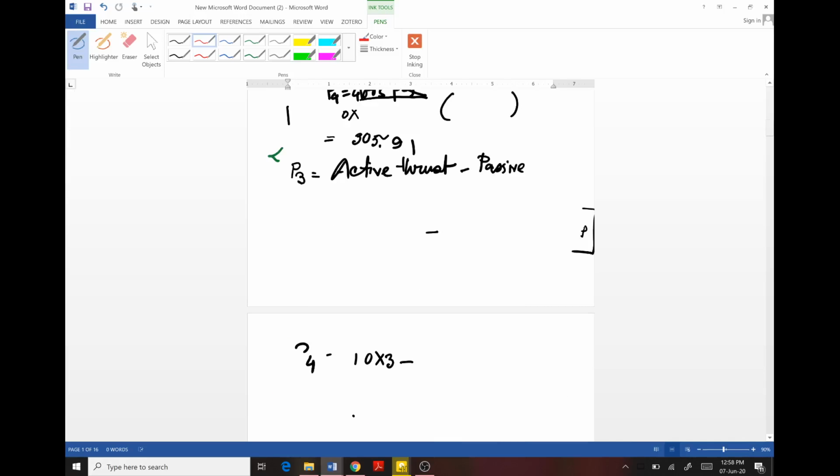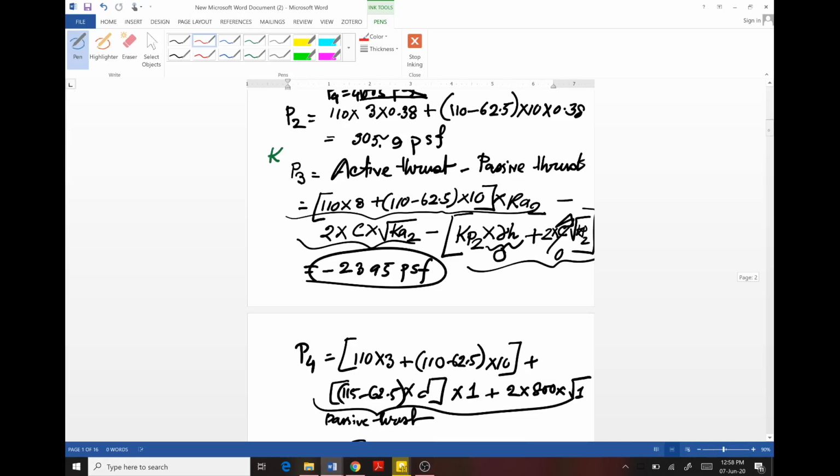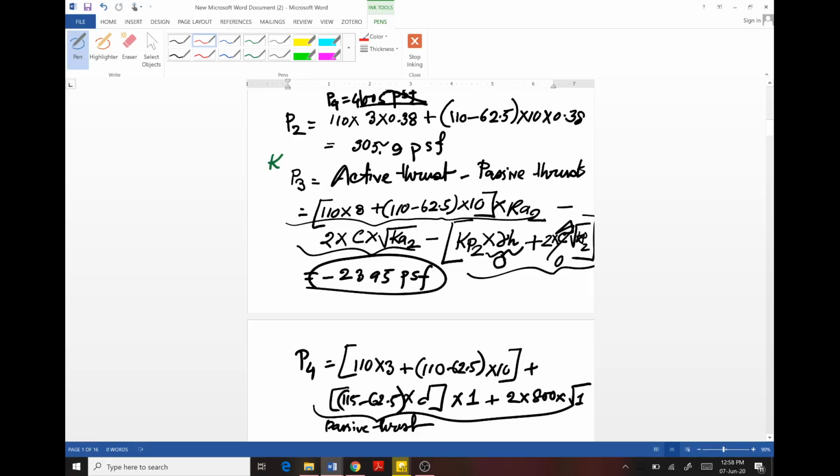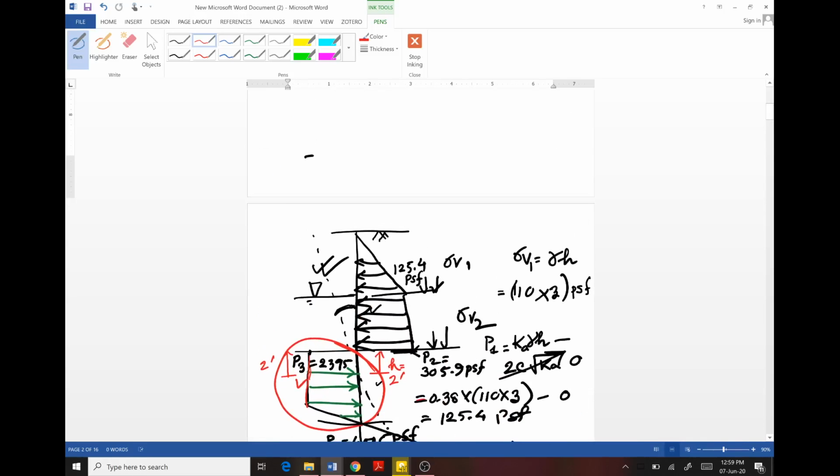You will also get the same value of earth pressure, which is 2395 psf. Since the Ka2 and Kp2 values are both the same for this layer, the gamma H portion of this layer and gamma H portion of this layer will be the same, and the plus minus sign will make this equal to 0.